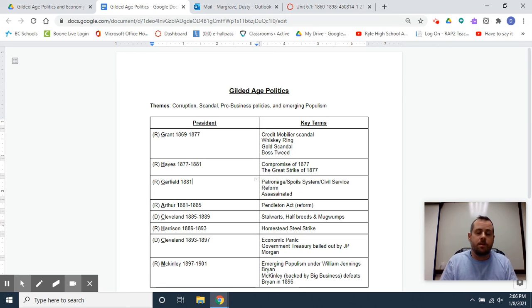What I'm going to do is I'm going to post your Unit 6.1 DBQ and your Unit 6.1 multiple choice test. They're going to be available for you to do on either day. You can do them in one sitting, an hour for the DBQ and 20 minutes or so for the multiple choice. It fits within your hour and a half class period.